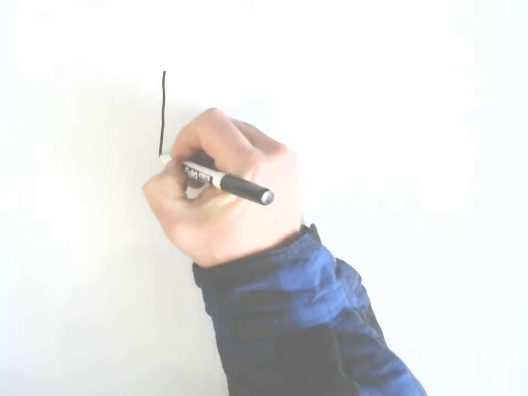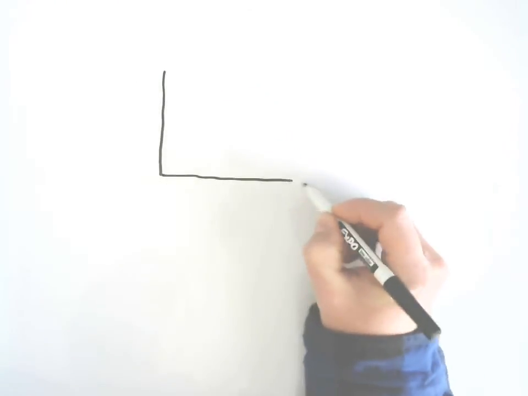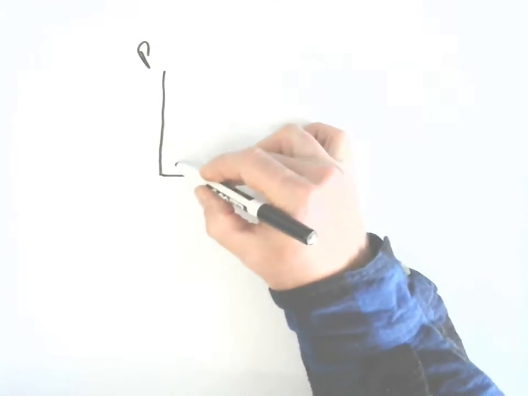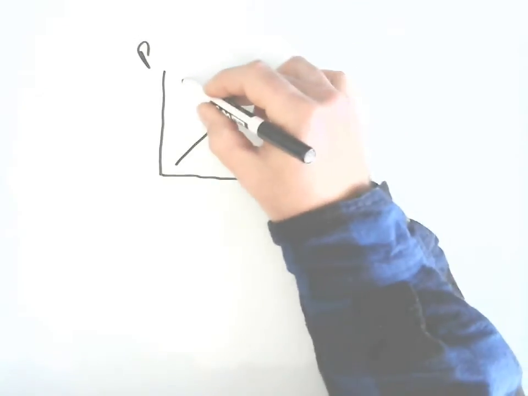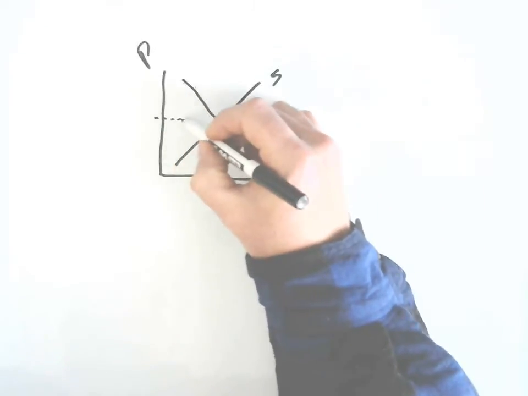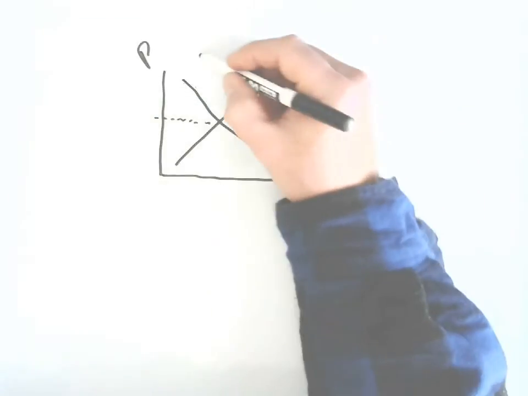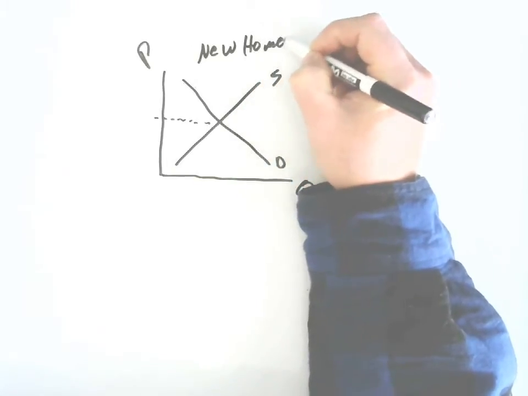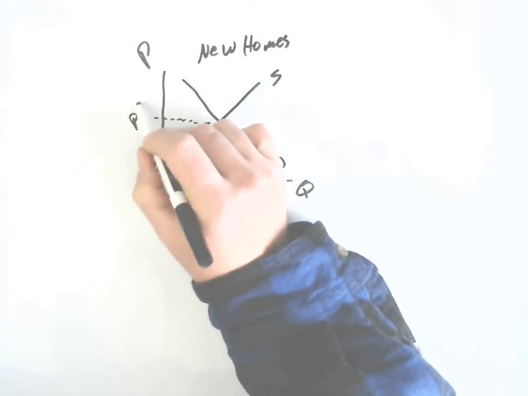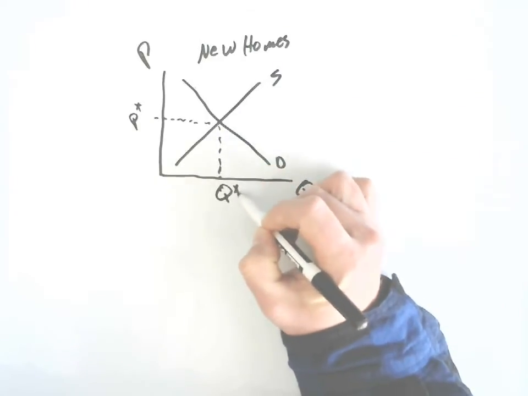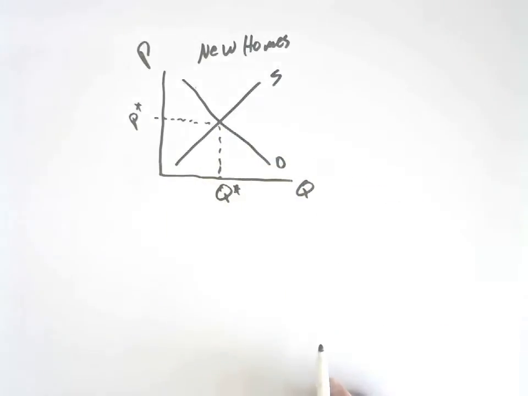Well, let's assume we are looking at the market for new homes, and this is the equilibrium average price level of a new home, and this is the number of new homes on the market.